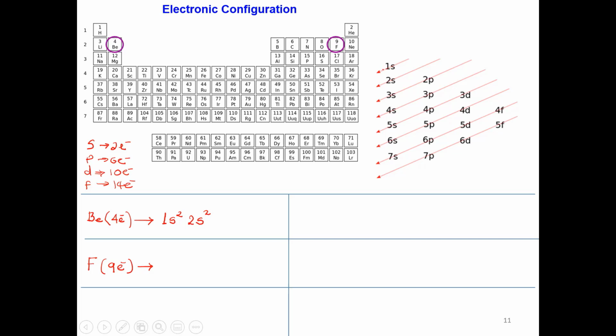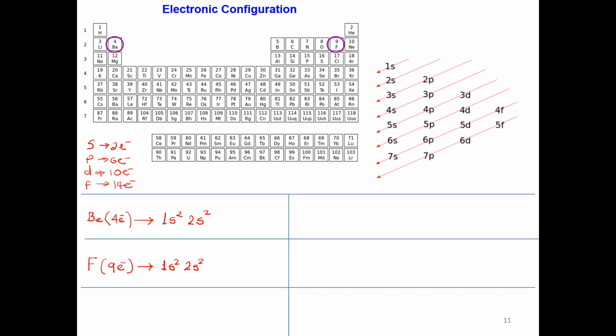Then we have 1s, and the subshell s holds 2 electrons, so it will be 1s2. We move to the next. In this direction will be 2s2. Move to the next.